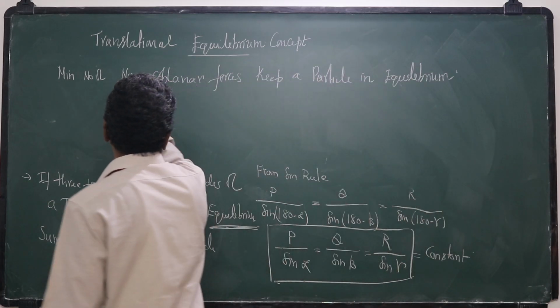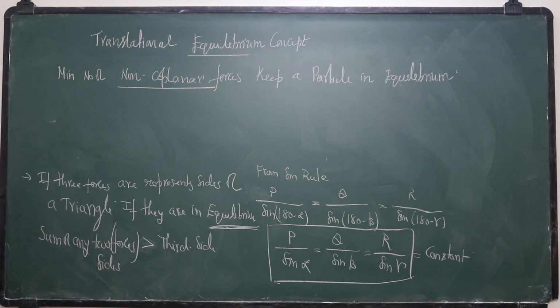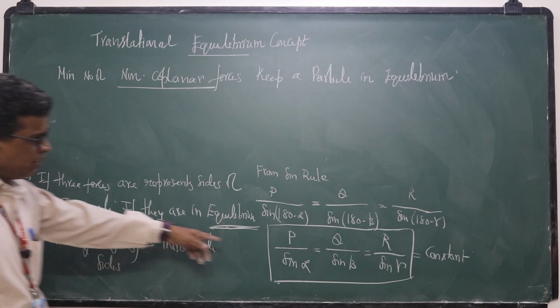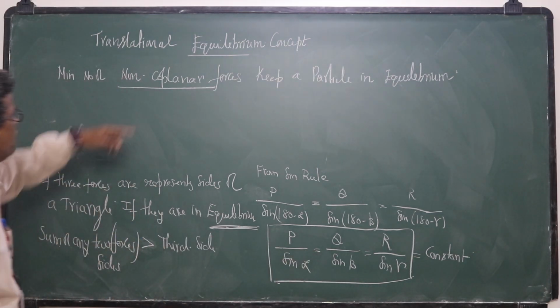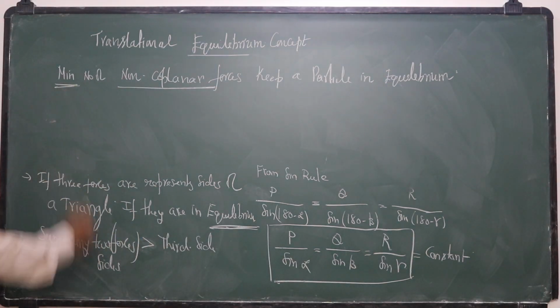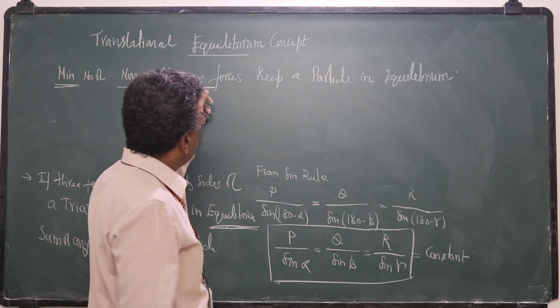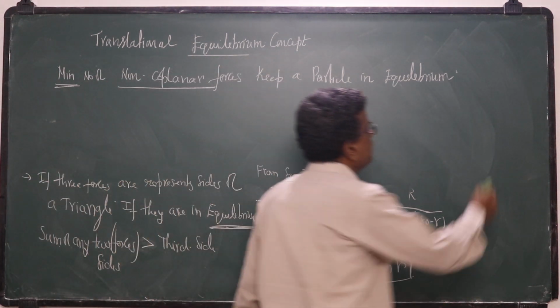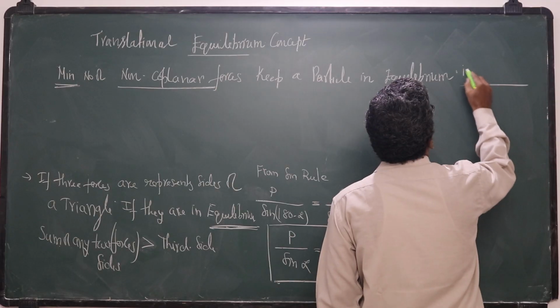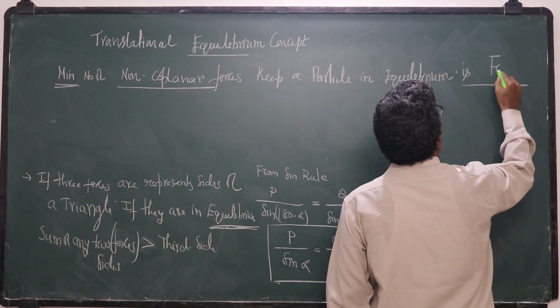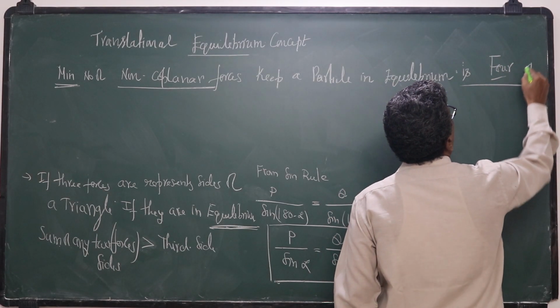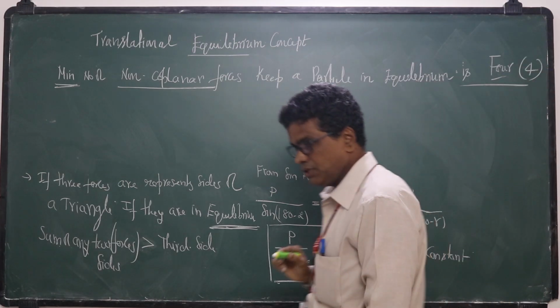For coplanar forces the minimum is 3. If they are non-coplanar, the minimum number of non-coplanar forces to keep a particle in equilibrium is 4. So it requires 4.